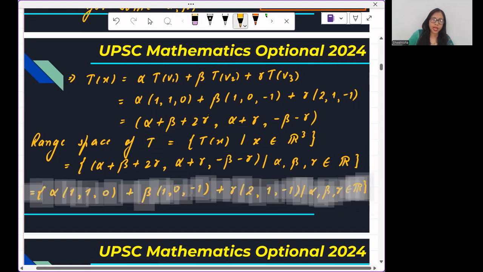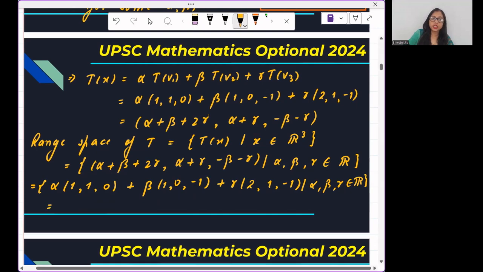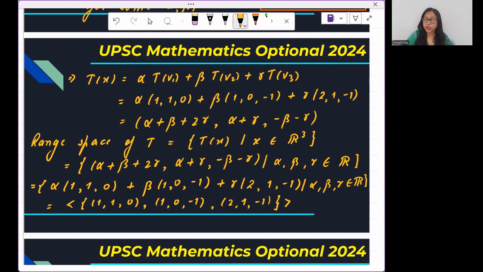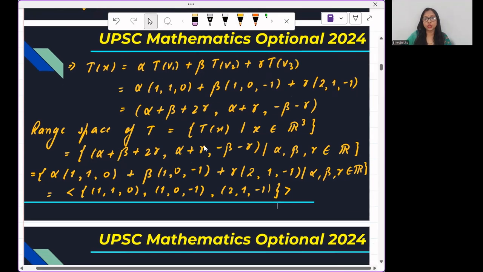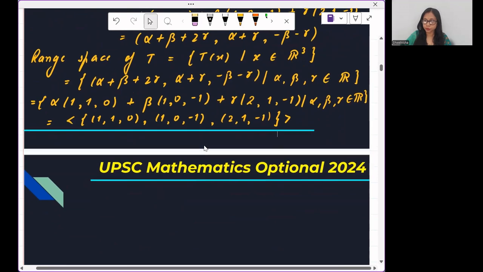Now I can say that this is a linear combination of the set containing (1, 1, 0), (1, 0, -1), and (2, 1, -1). I can't say that it is a basis because it is just a spanning set. If I can prove that it is linearly independent, then I can say that this is a basis. If it is not linearly independent, then I can reduce it to a basis.